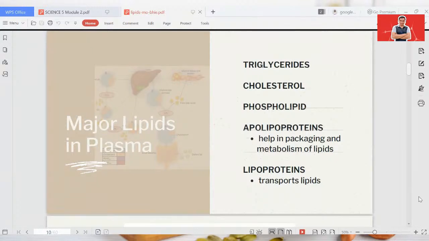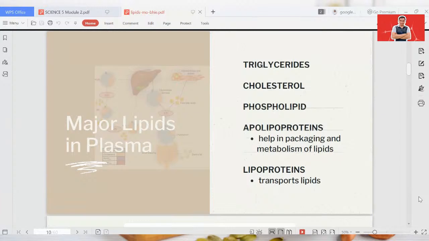Yung cholesterol naman natin, these are unsaturated steroid alcohol, which is similar lang sa fatty acid in its physical properties. But yung cholesterol natin, it is an amphipathic lipid, which is also found sa surface of the lipid along with phospholipids. But it can also be very hydrophobic if it is in esterified form called cholesterol esters, and it is located at the center of lipid drops or lipoproteins.